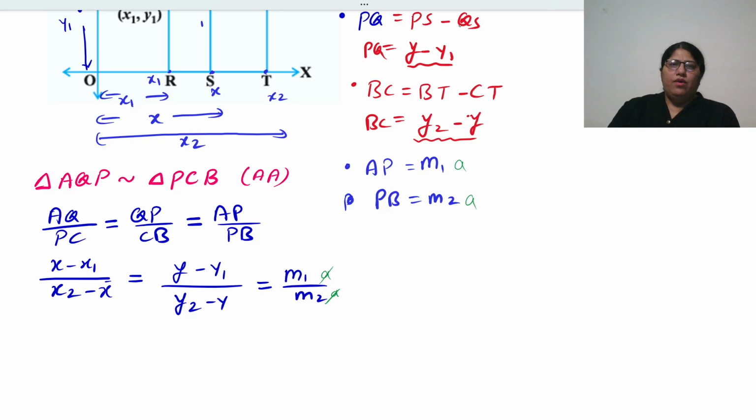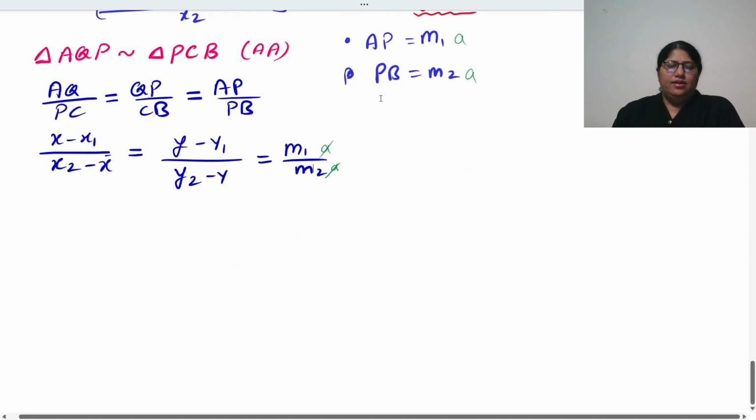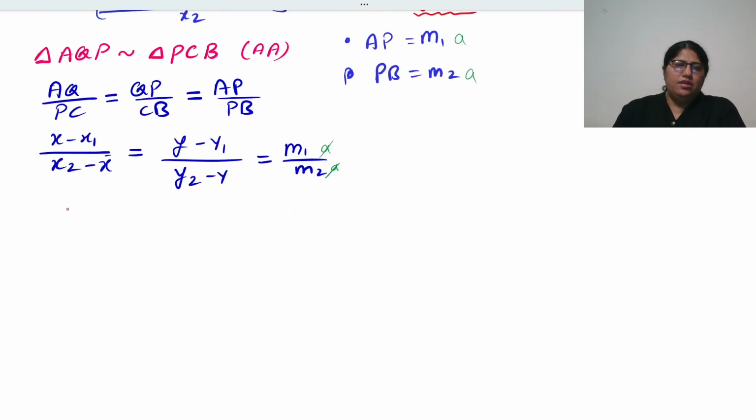Now, how are you going to take it? First, equate these two, make x the subject, then you will make the other comparison to get y as the subject, to get the y coordinate. So let us start solving. If I take the first and last ratio, x minus x1 by x2 minus x equals m1 by m2.